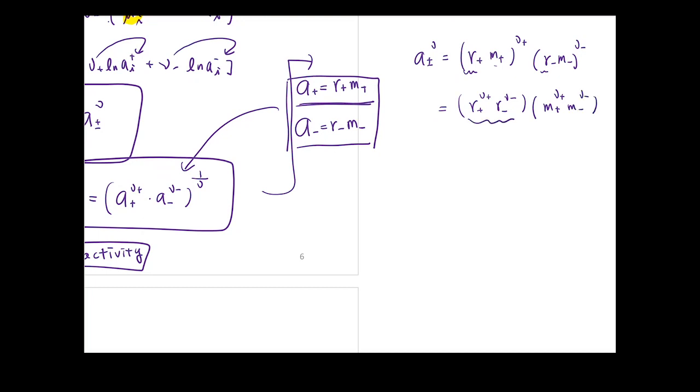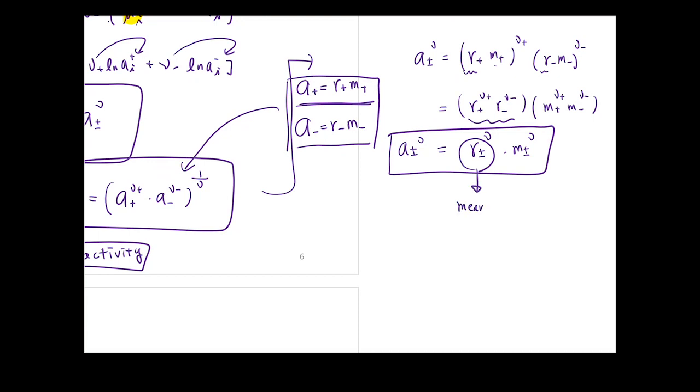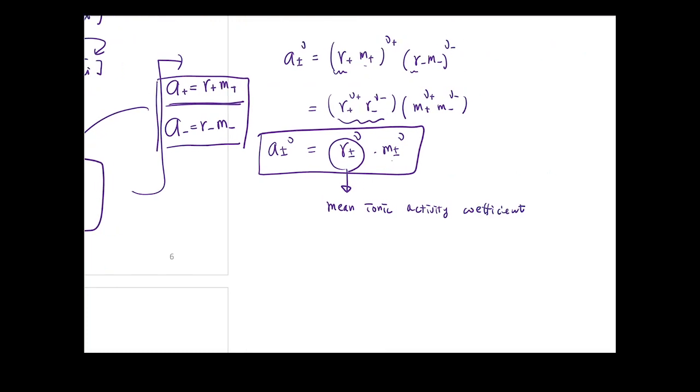Once I have these together, we write gamma plus-minus to the mu's power times m plus-minus to the mu's power, so that I can rewrite a plus-minus to the mu's power as this. The gamma plus-minus we call the mean ionic activity coefficient, and the m we call the mean ionic molality.